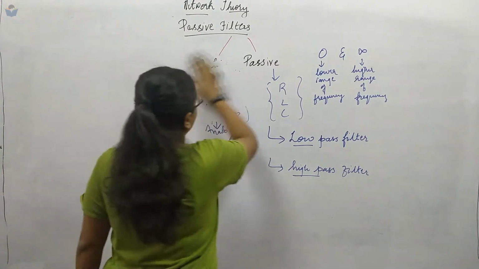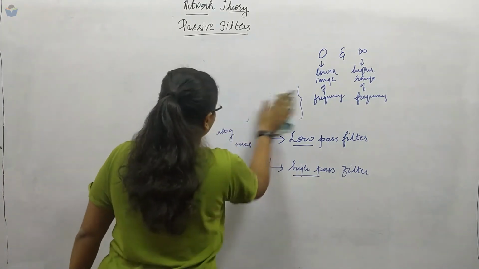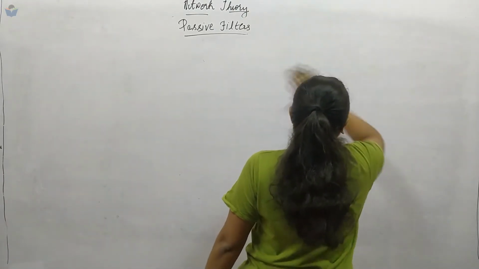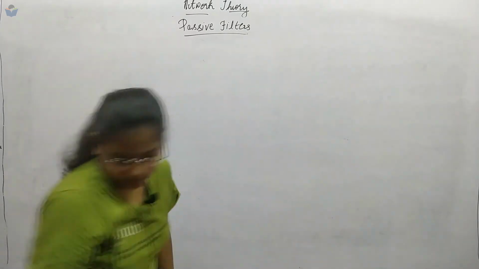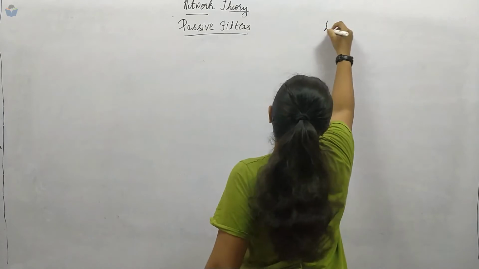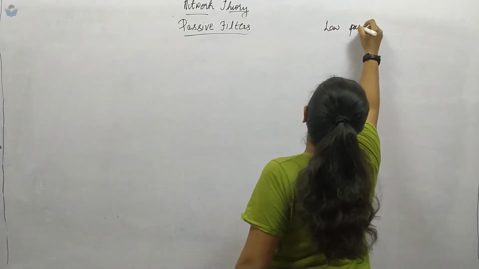Remember, in the low pass filter we have a resistor and capacitor. There is only this difference. We will take only a simple circuit to understand.